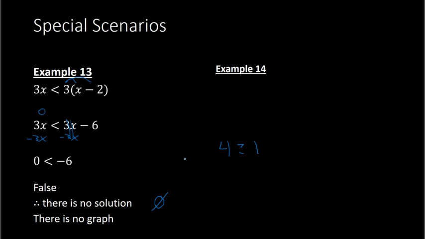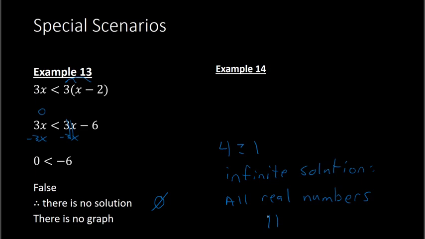So if you get the same kind of thing but with a true statement, then that means there is an infinite number of solutions. So what we'd say is that our answer would be all the real numbers. And the shorthand way of writing this in math notation, instead of writing our answer as all real numbers, we use a fancy R like this, and that means all real numbers. So be aware of those two special scenarios.